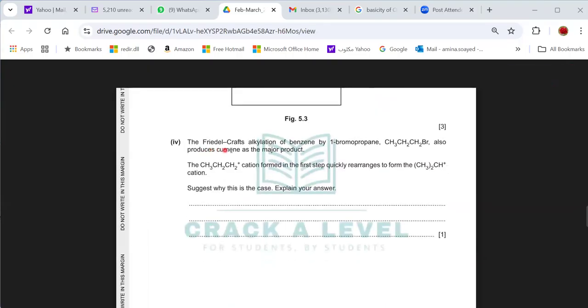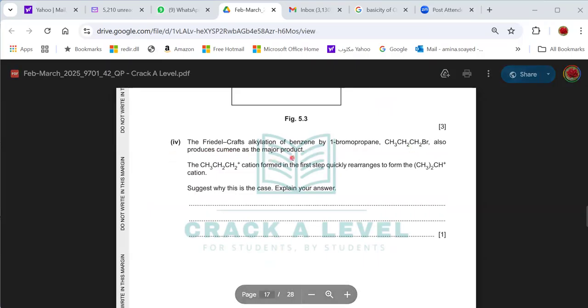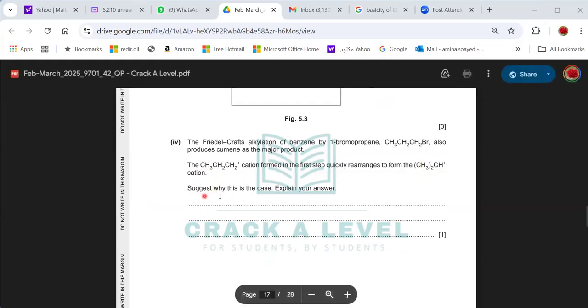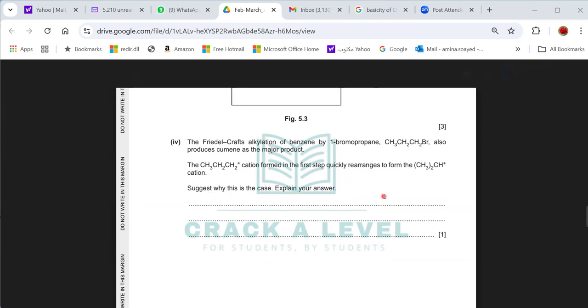They said the Friedel-Crafts alkylation of benzene by 1-bromopropane also produces cumene as the major product. The CH3CH2CH2 positive cation formed in the first step quickly rearranged to form the CH3CHCH3 positive cation. Suggest why this is the case and explain your answer. So we say that secondary carbocations are more stable than primary carbocations.